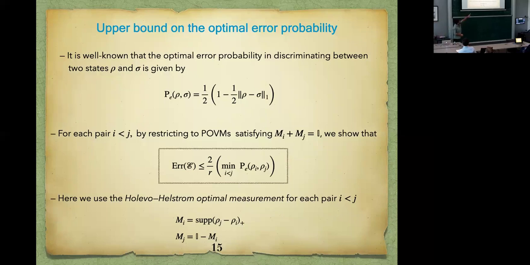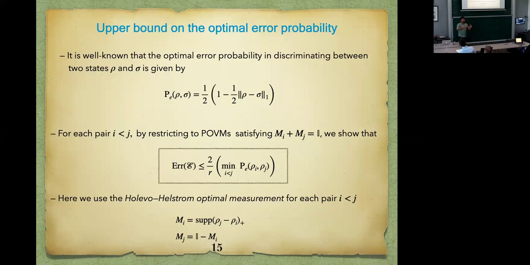This upper bound can be achieved by the Helstrom measurement. The only difference is that the order is flipped. The original Helstrom measurement has rho i flipped with rho j.